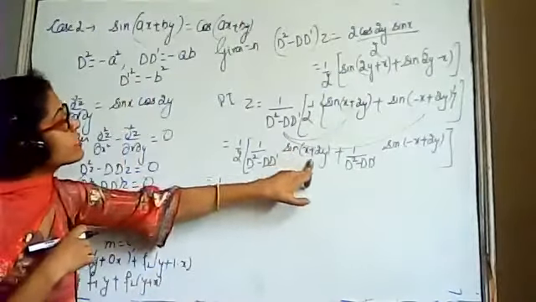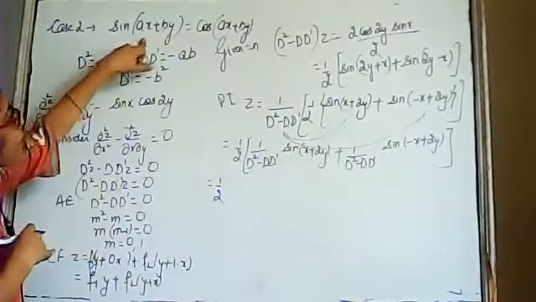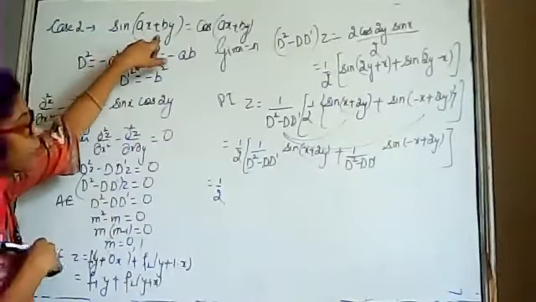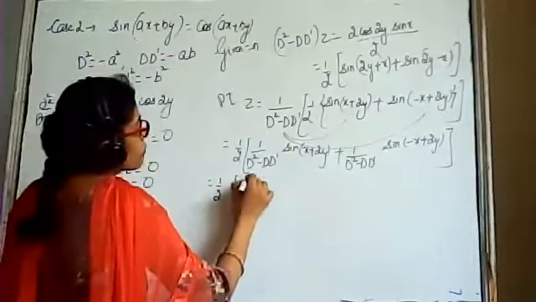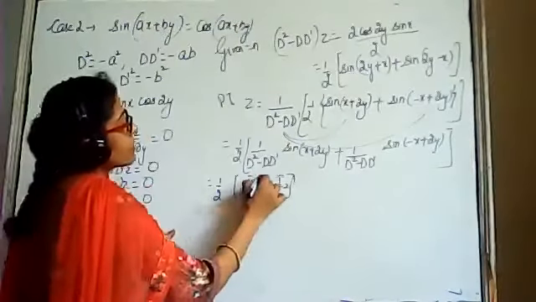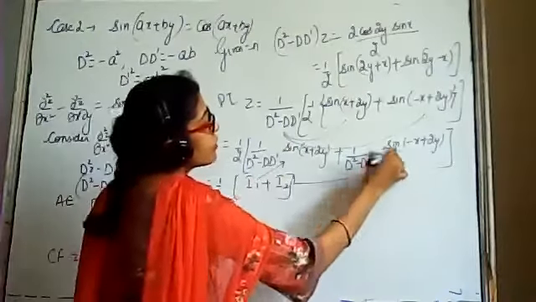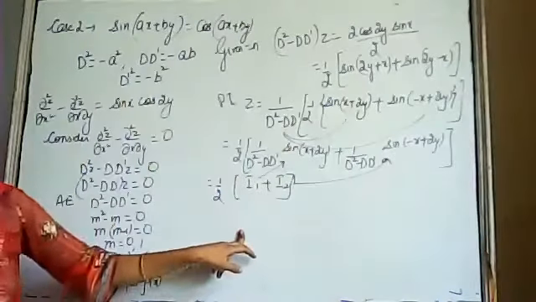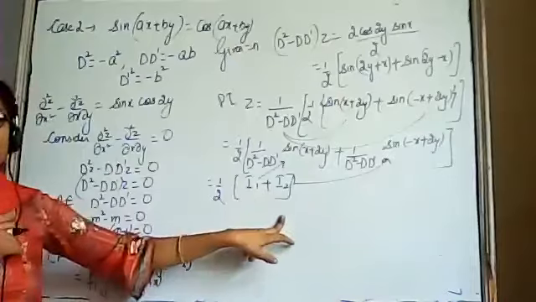Now compare this term with our general form, sine of ax plus by. You can also write it as I1 plus I2. Let this term be I1 and this term be I2. ठीक है, we can solve it separately.